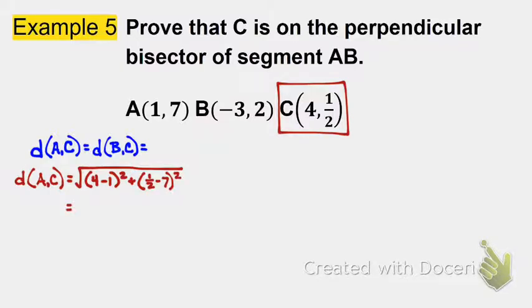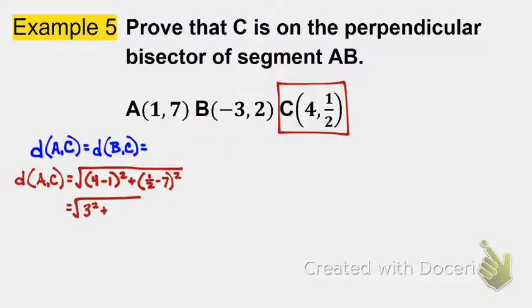When I'm working with fractions in here, I would usually leave them as fractions instead of changing them into decimals because it's easier for me to square fractions in my head. You square the numerator and square the denominator. What is 1/2 minus 7?